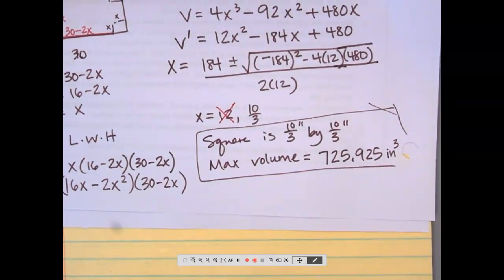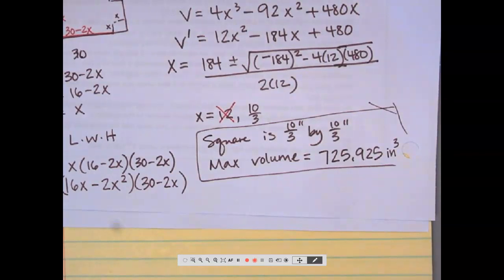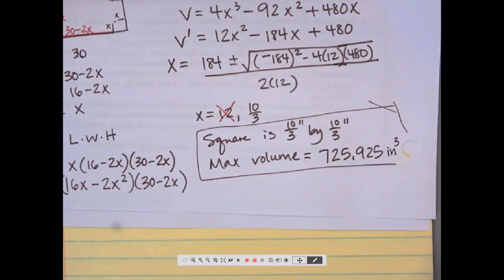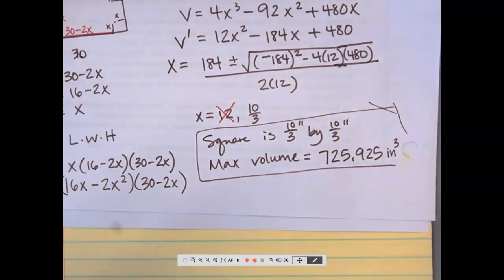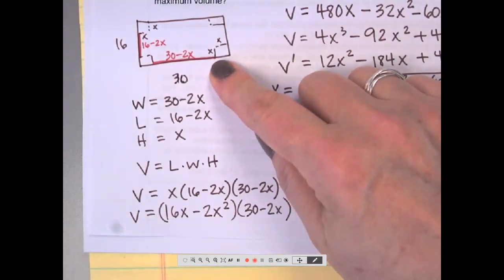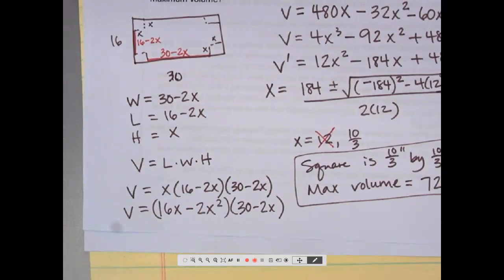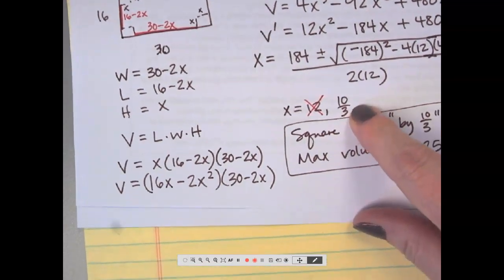Question: if we do all this, and we assume the answer we get is going to be the most you can have? Yes, because what's the minimum volume? 0. I could cut a corner of 0 and not even have a box, not have a height. So my smallest volume is 0 there, so we would assume that this will give us the maximum.